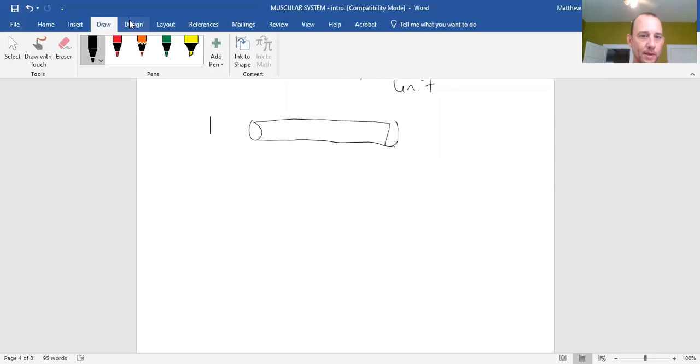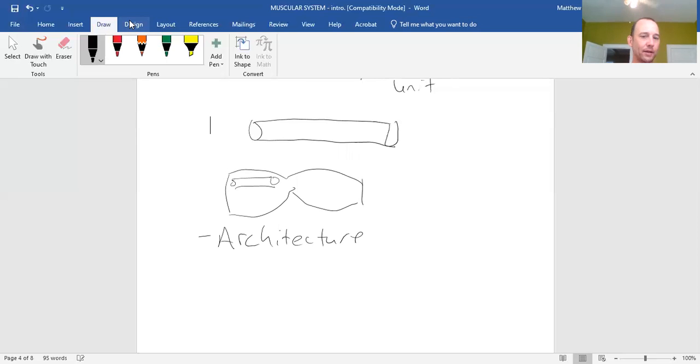But think about the muscles that make up your chest. When you have your pecs that you're working at, your chest muscles, those are more of a triangular shape. Well, they still have muscle fibers making them up, and those muscle fibers are cylinders, but the shape of a muscle group is referred to as its architecture.